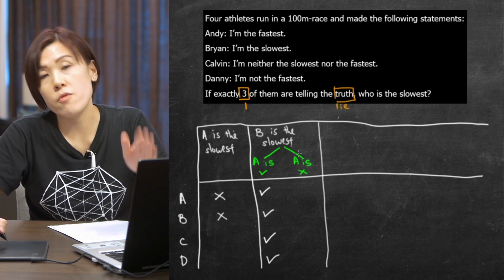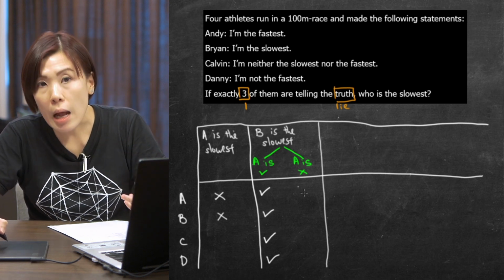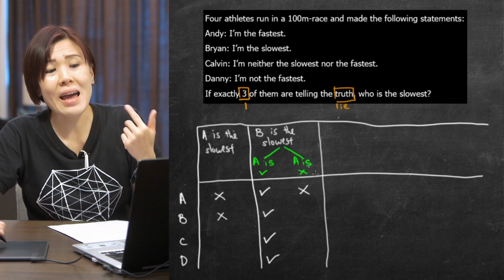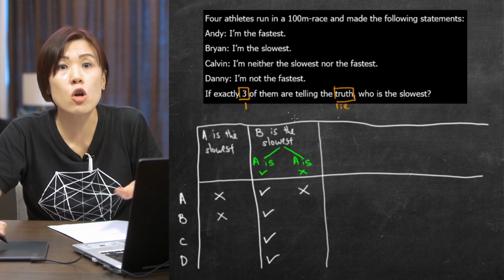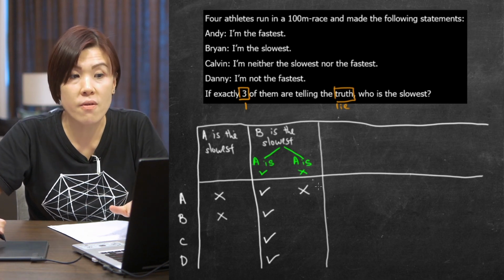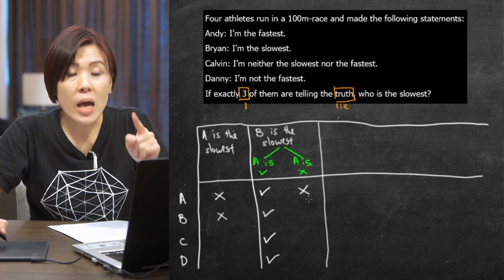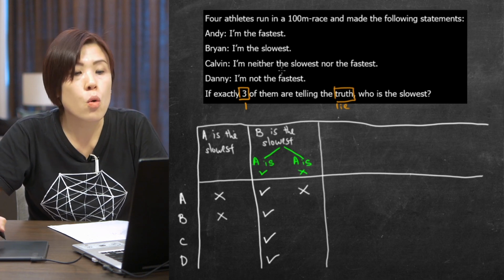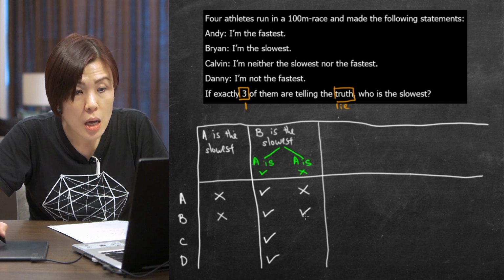How about if we assume that Andy is lying? So I'll put a cross here. If Andy is lying, it means Andy is not the fastest, because Andy says I'm the fastest and he is lying. And we are assuming that B is the slowest, and Bryan says that I'm the slowest, so we can put a tick here.